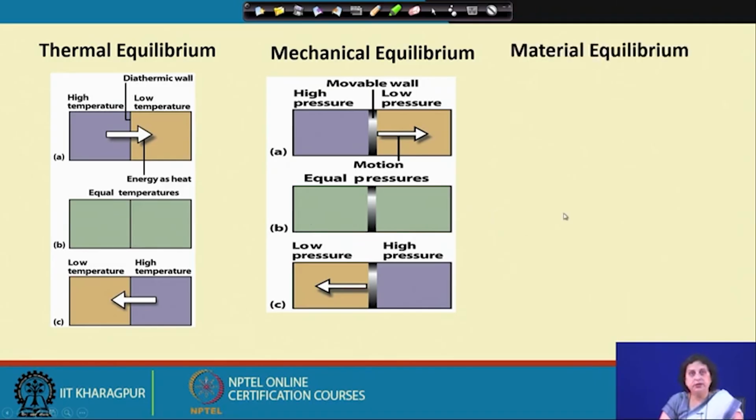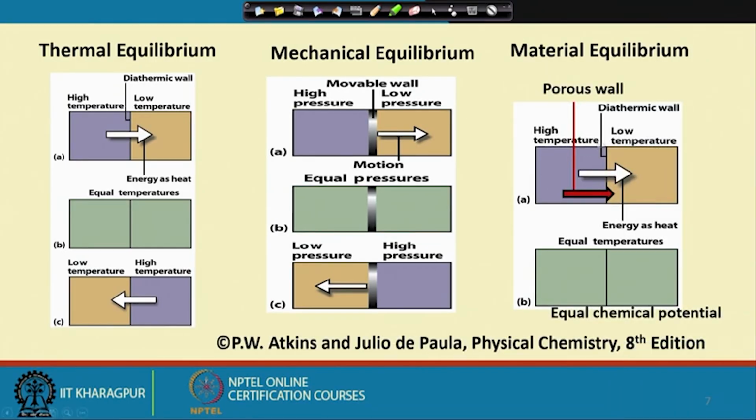The other scenario is generally known as material equilibrium, or equilibrium with respect to matter flow. So, if I have a porous wall which is diathermal in nature as well, and if this system is maintained at a high temperature and the surrounding at a lower temperature, then there will be transfer of heat from the higher temperature to the lower temperature till the system and the surrounding acquire equal temperatures.